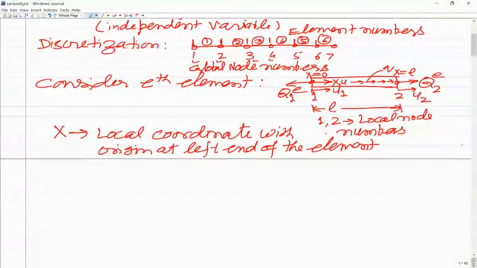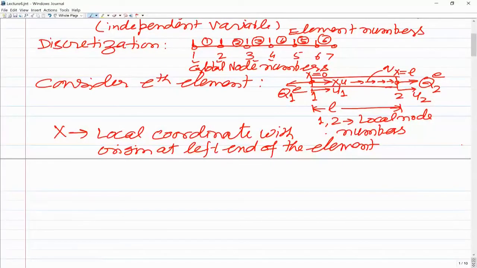So now if you look at this element, earlier we derived the integral functional for the whole domain, that is from small x equal to 0 to small x equal to L. But now let's write the integral functional only for one element.